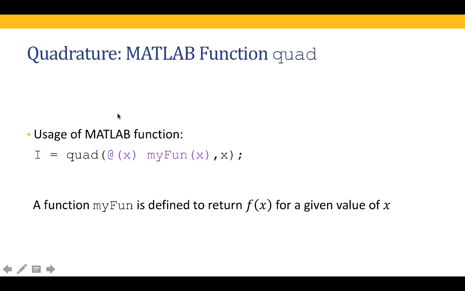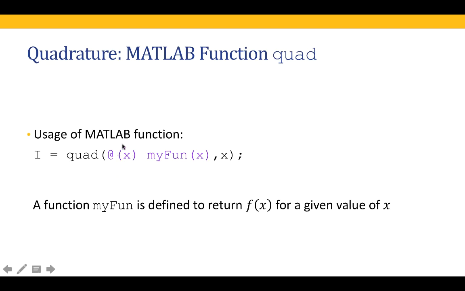How we do that is what is known as anonymous functions. @(x) means x is the variable, and myfun is the file that calculates the function f of x. So the function myfun returns f of x for any given value of x.